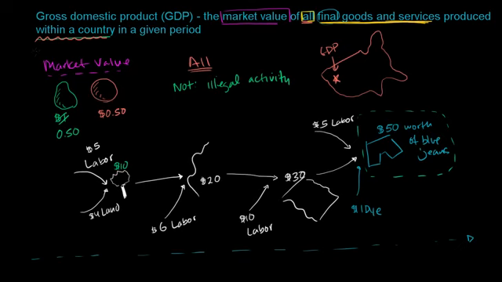If an American national goes overseas and produces something, that is not counted as GDP. If an American owns a firm in another country and that firm produces something, that is not GDP. When you focus on people's nationality, that is GNP. So not to confuse things, but if you wanted to focus on GNP, then you do care about the earnings of American nationals.